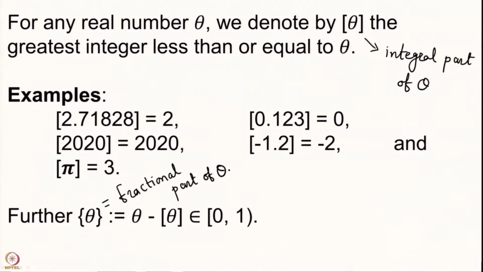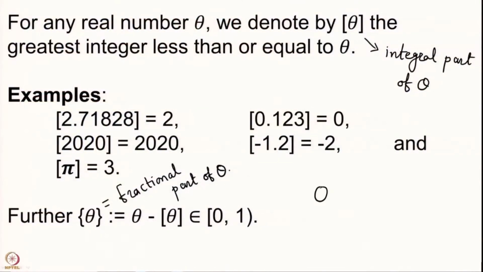We have the fractional part of theta, which is between 0 and 1. It can be 0, but it is not equal to 1, and your theta happens to be the integral part of theta plus the fractional part of theta. So, these are functions, the integral part of theta and the fractional part of theta. Both these parts are uniquely determined by the given real number.